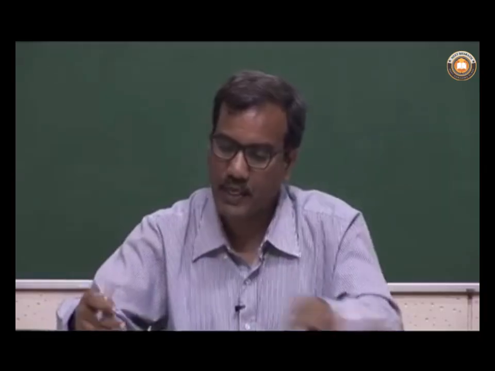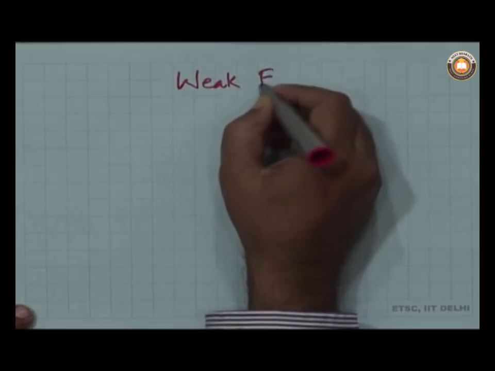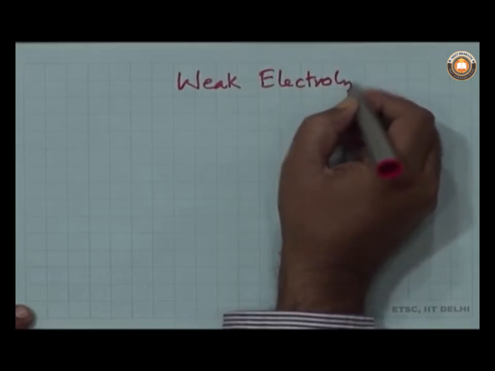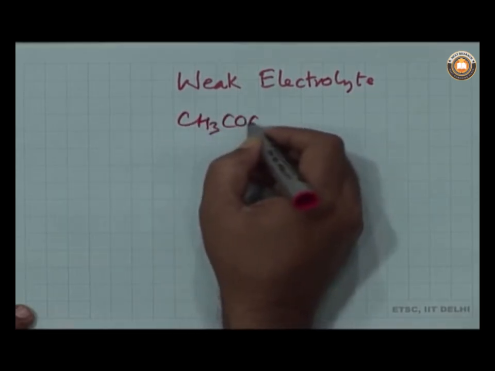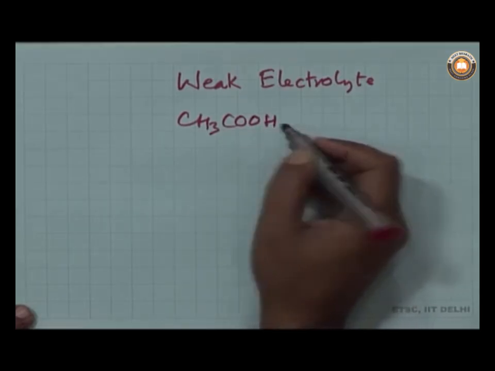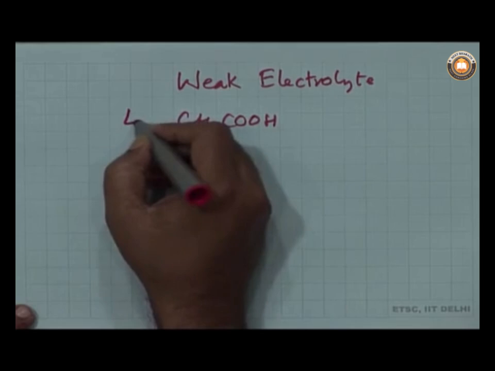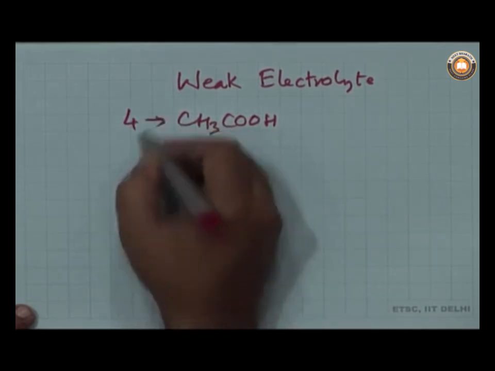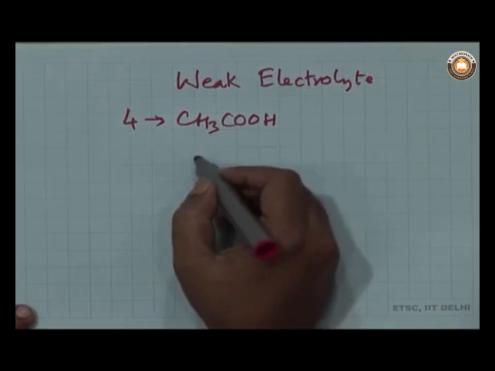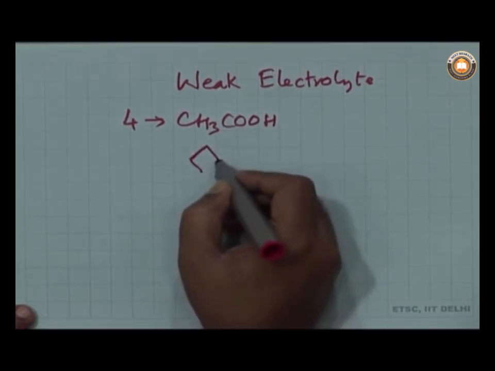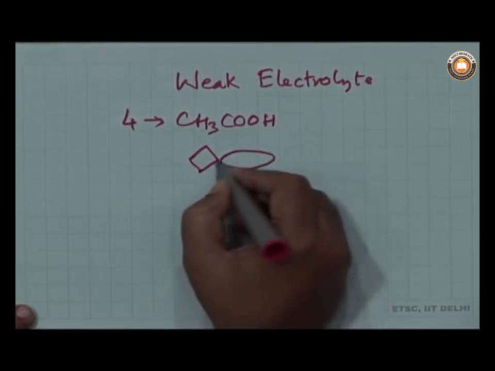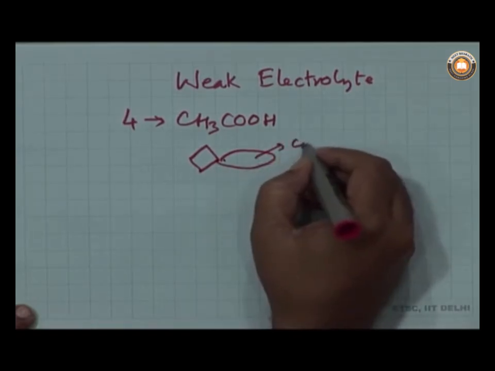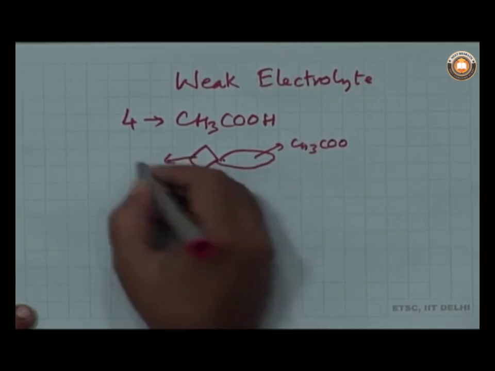Now, suppose I take a weak electrolyte, for example acetic acid, and take 4 molecules of acetic acid, each made of the acetate ion CH3COO minus and H plus.